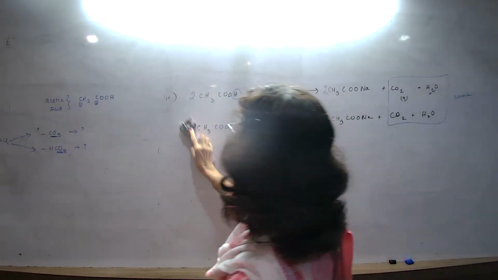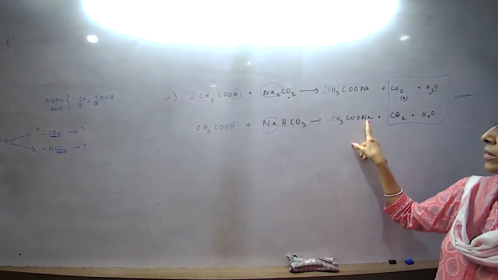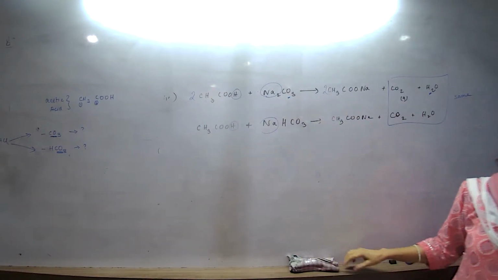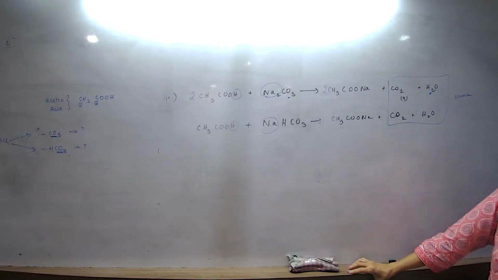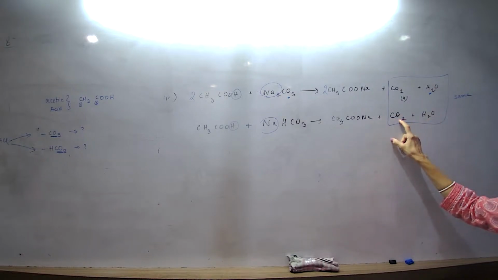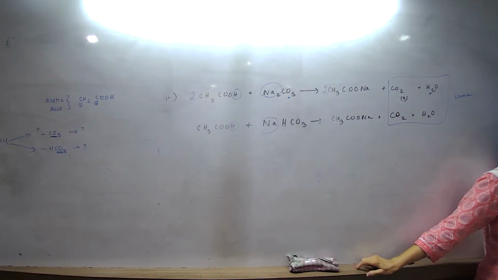Hydrogen, there can be 2 of them. It's balanced. Let me count the hydrogens and oxygens: 1, 2, 3, 4, 5, 6. Oops, balanced. That's balanced.